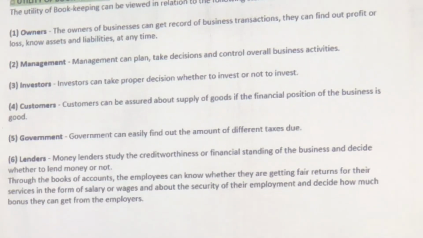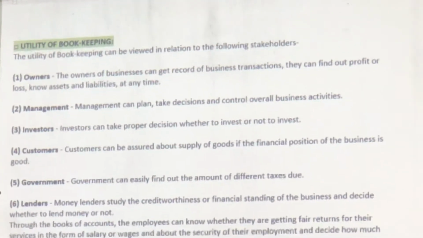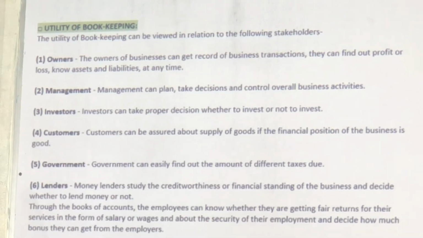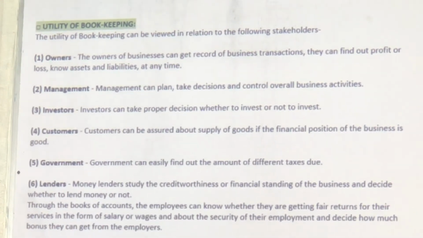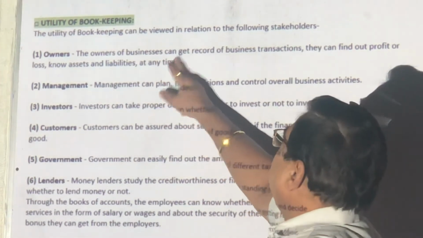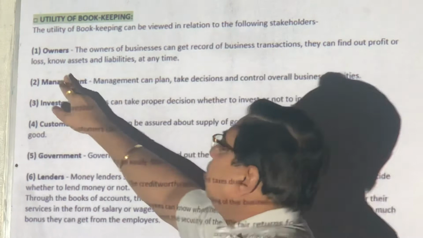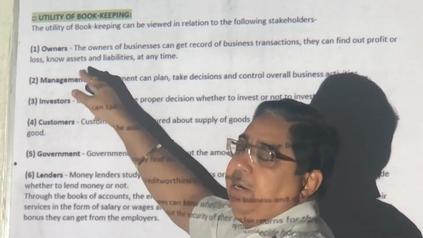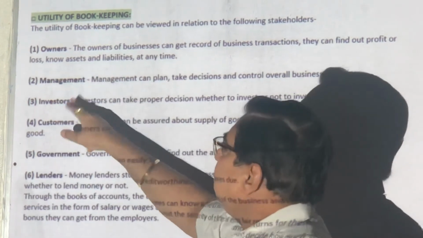Okay. What is the utility of bookkeeping? To different stakeholders. Stakeholders are the people who have an interest in the business. Owner: I want to know profit, loss, assets, liabilities. Asset is what is mine, liability is what I have to pay others.